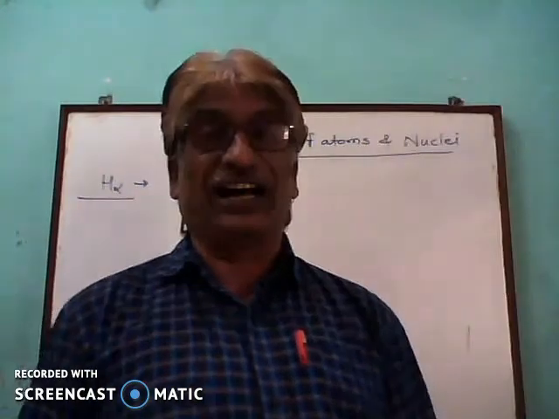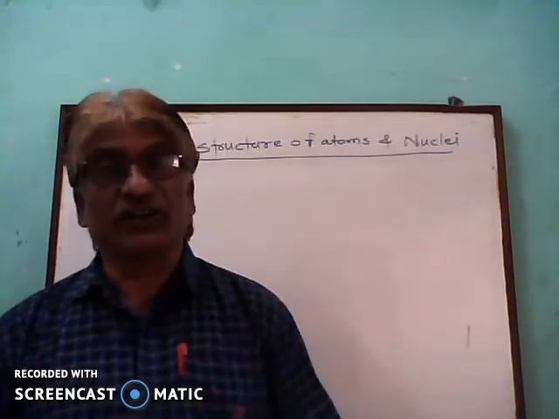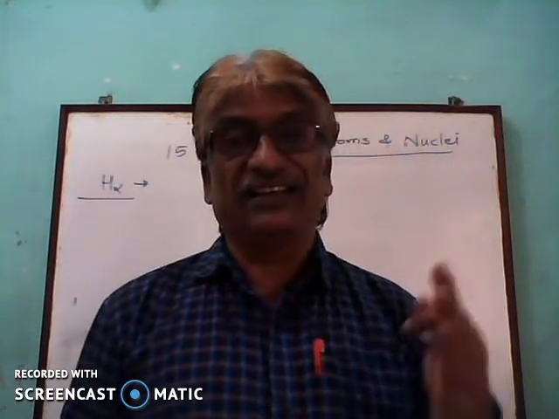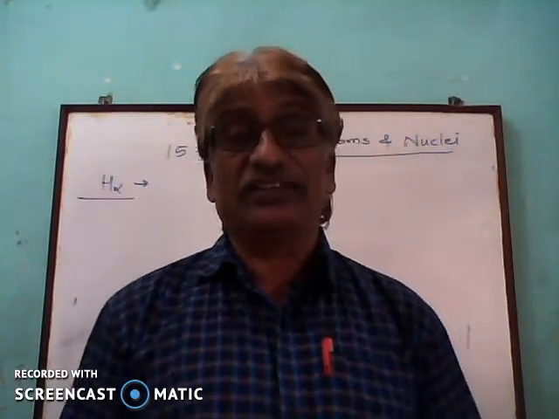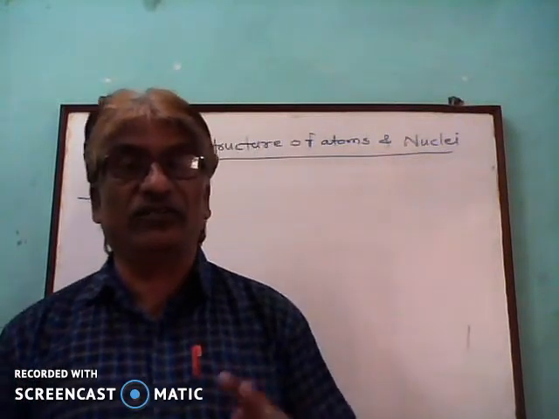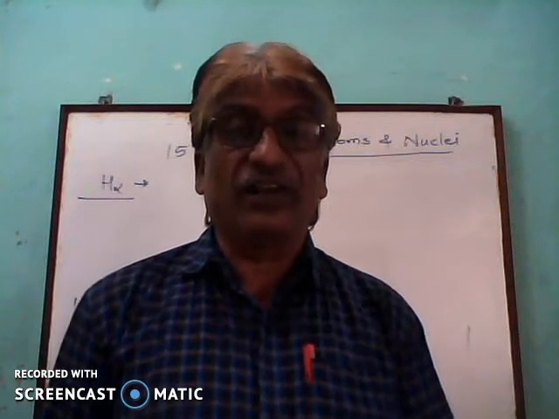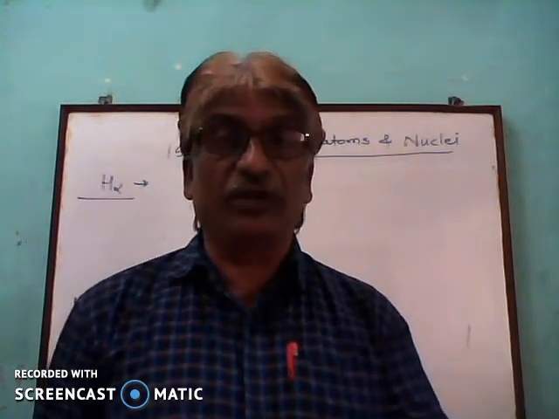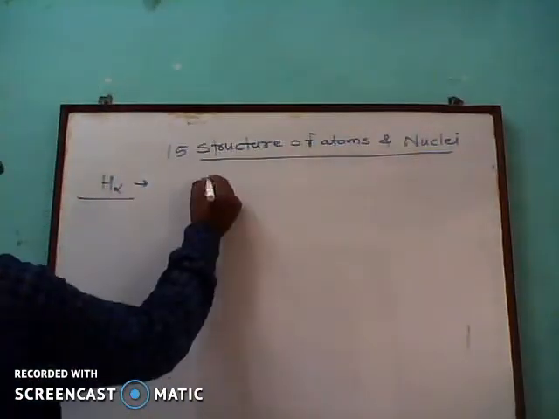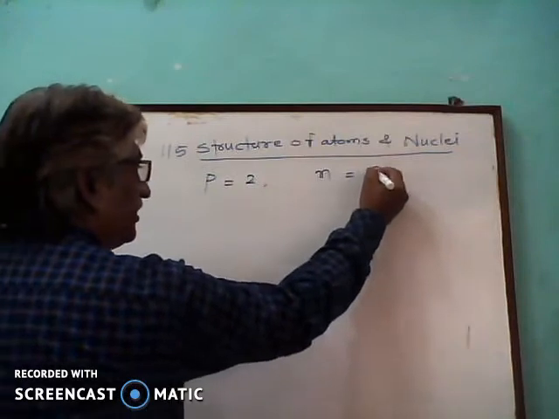If the question asks what the H alpha line is, we say that the first line in the Balmer series is called the H alpha line. How is the H alpha line obtained? It is the transition of an electron from the third orbit to the second inner orbit, so for the H alpha line take P equal to 2, N equal to 3.